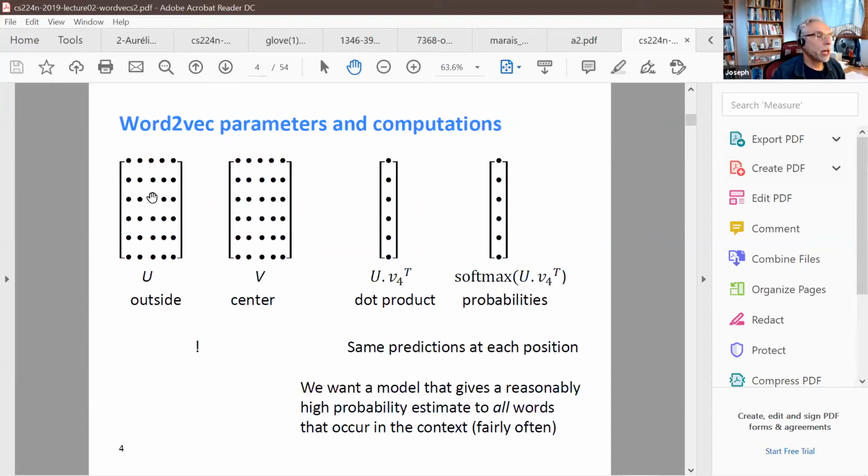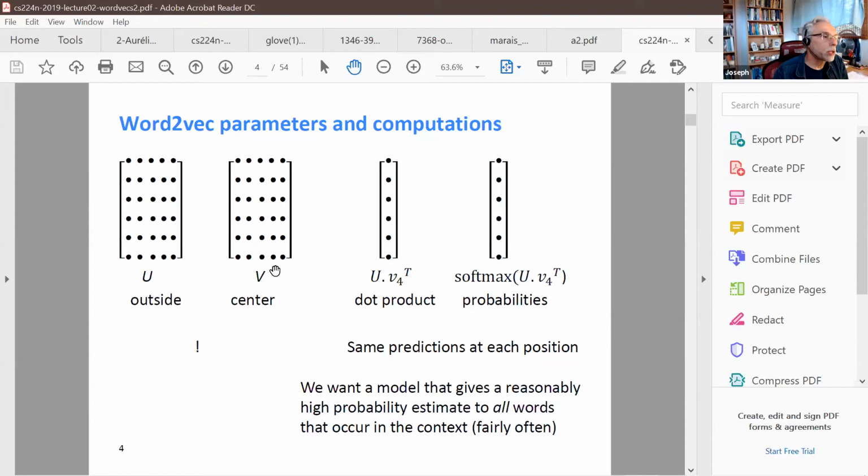U is the outside. Again, there are two different formulations for a word vector: a U if it's an outside word, if it's part of the context, and V if it's the center. So U dot V is a dot product.